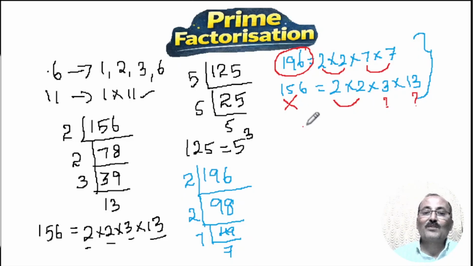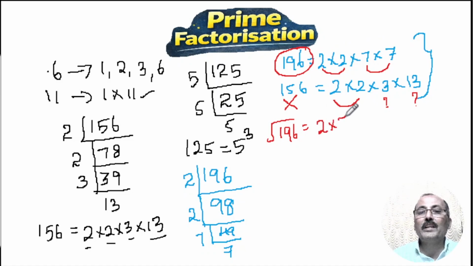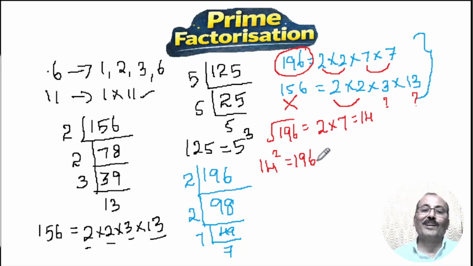Moreover, the square root of 196 we can find out from these two pairs: you have to write only 1 from each pair. 2 into 7, that is 14. Now you see 14 square is nothing but 196. The square root of 196 is 14, whereas the square of 14 is 196.